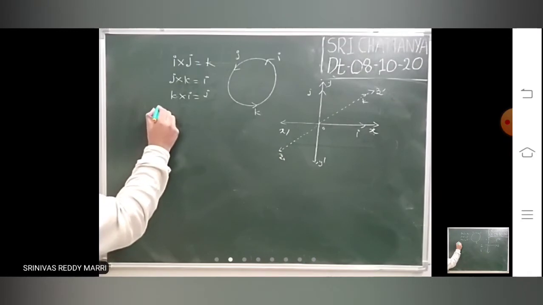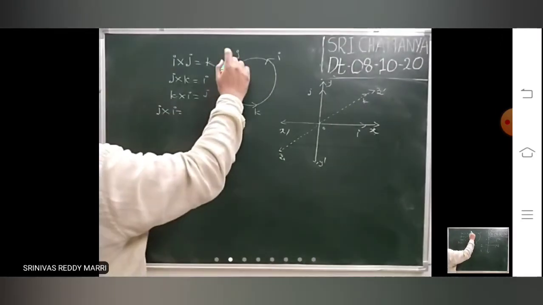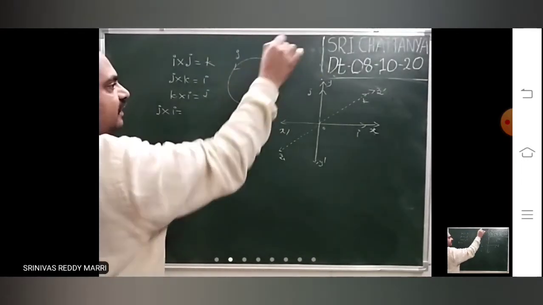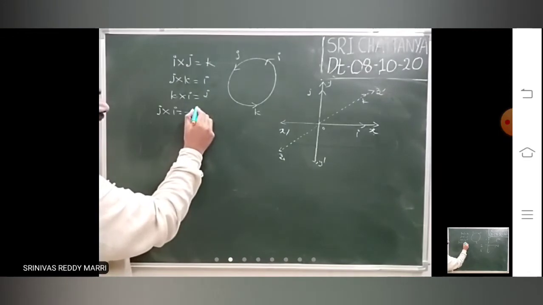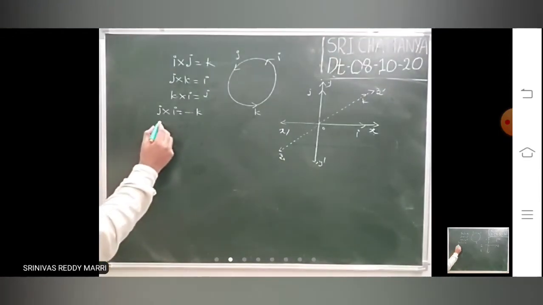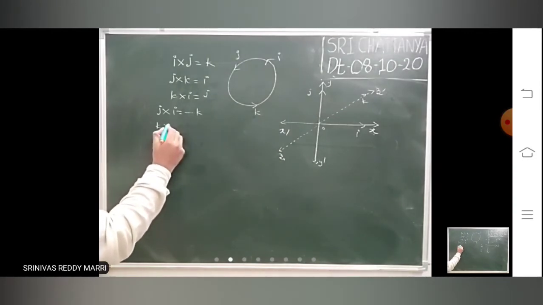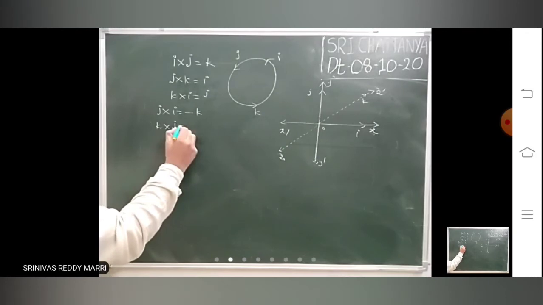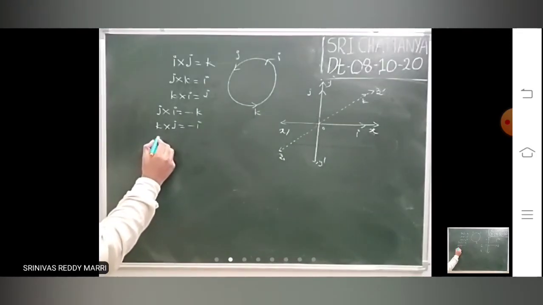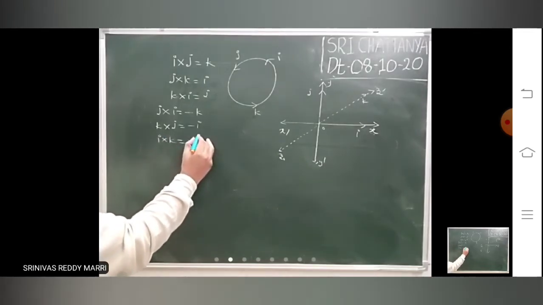Suppose j cross i. J cross i means they are in clockwise direction. In this order you will get the other one, but with a minus. In clockwise order, you just get a minus. So similarly, k cross j gives minus i, and i cross k gives minus j.